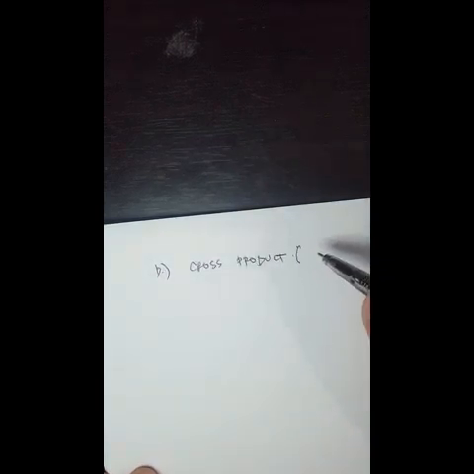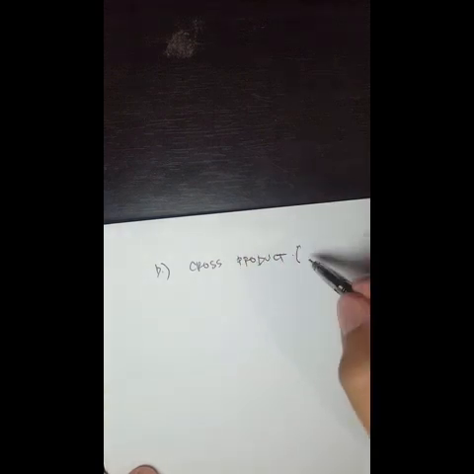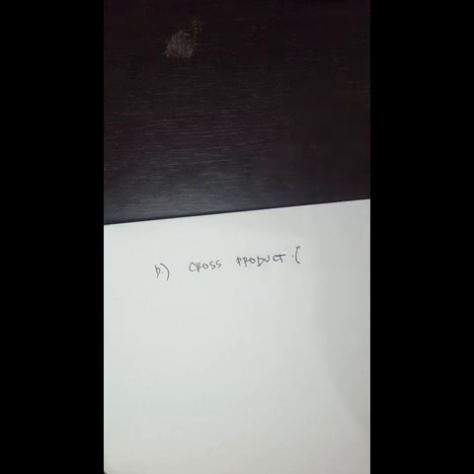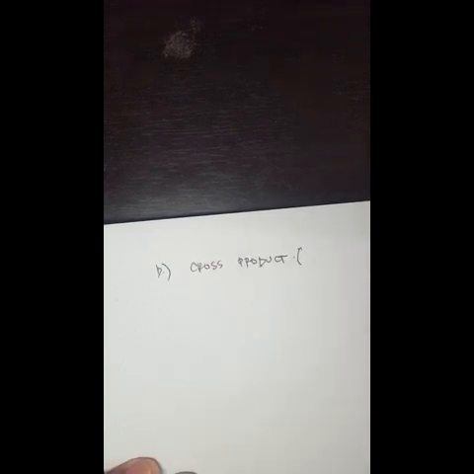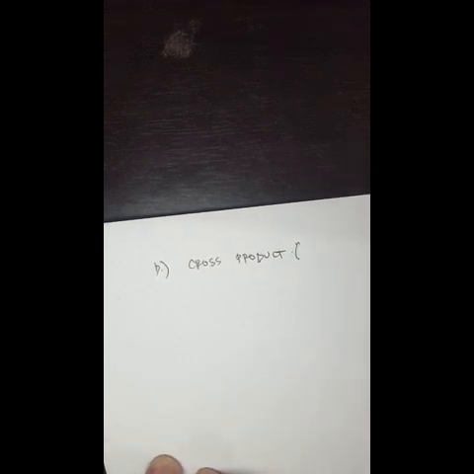The difference between the cross product and the dot product is that with the cross product, if you multiply the two vectors, the product is a vector, whereas with the dot product, what you get is a scalar quantity.